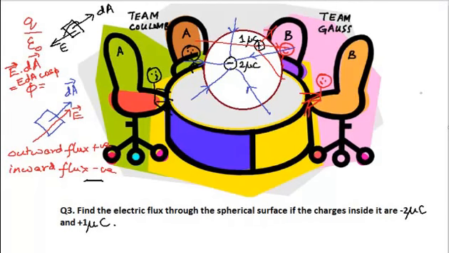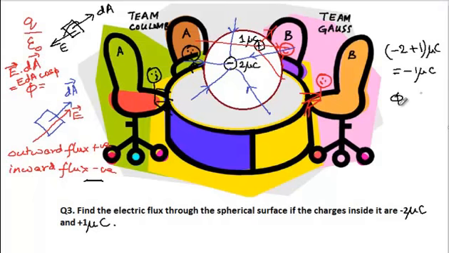They're right, but they're taking a lot of time doing all this thinking. Let's see. What about Team Gauss? Team Gauss has already answered this question long time back. They said that the total enclosed charge is -2 and +1, which is -1 microcoulomb.